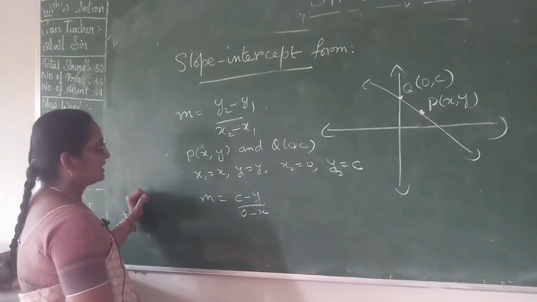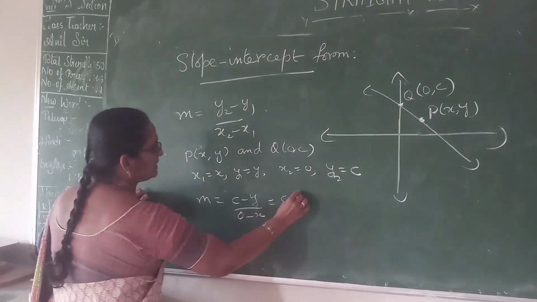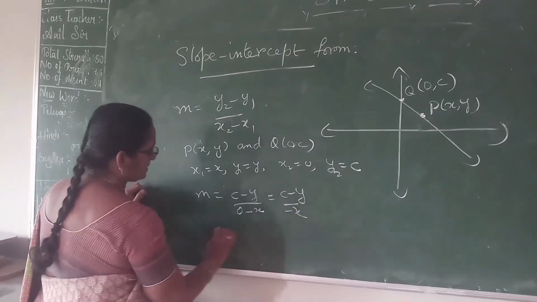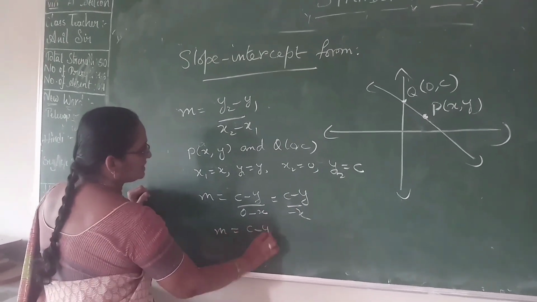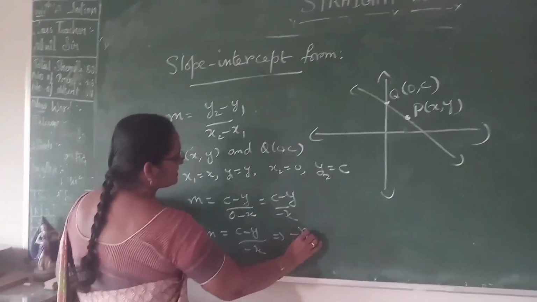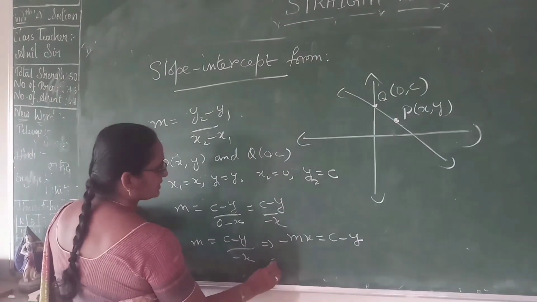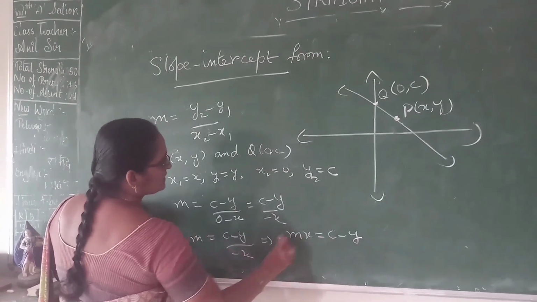Now cross multiply these two. So, what you will get here? M is equal to c minus y by minus x. When you multiply, you will get minus mx is equal to c minus y. Then bring all this to here.